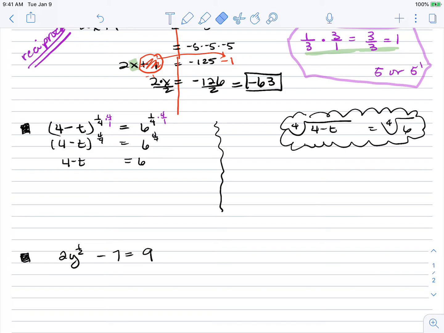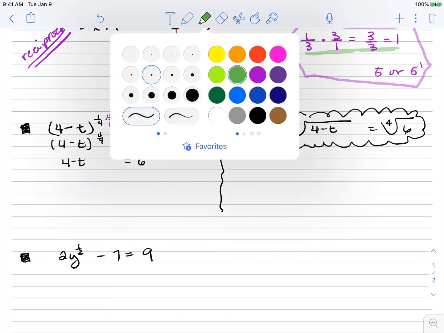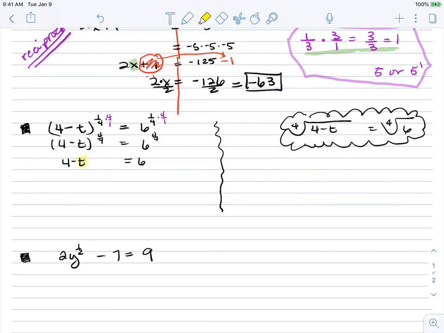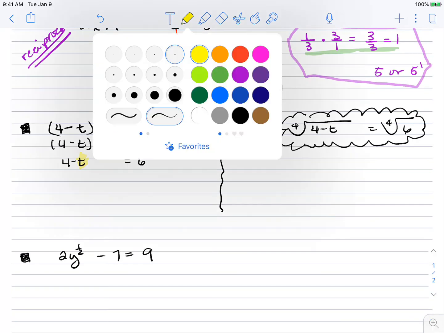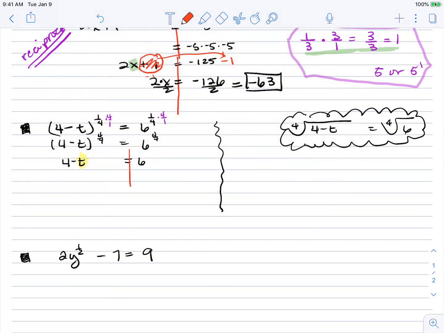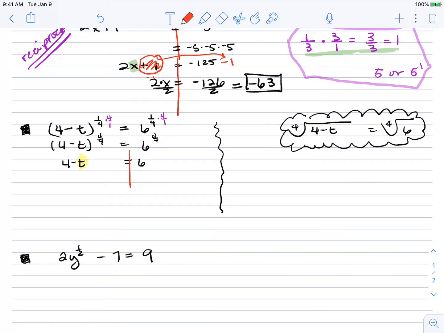Now what I want to do is isolate the t. So I'm going to say, well, this guy right here, let's do it in highlighter. This guy right here is my goal. That's what I want all alone on the left side. I don't want anything else next to it. So I need to move this 4 to the other side.